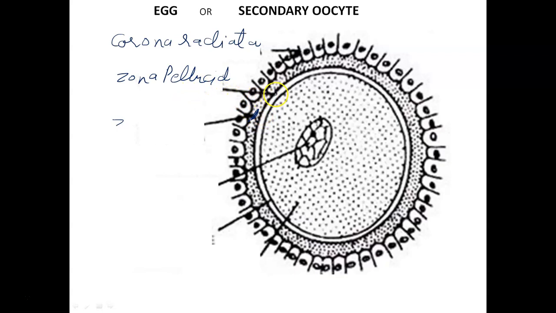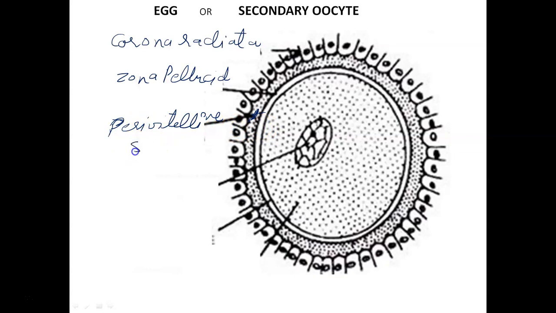Inner to that is this membrane, the oolemma, and this is the zona pellucida. This space is the perivitelline space, the space between the zona pellucida and the oolemma, the egg membrane.